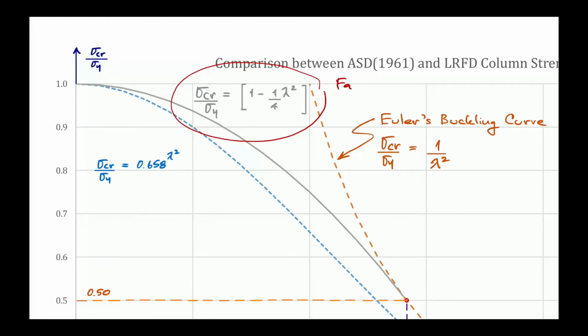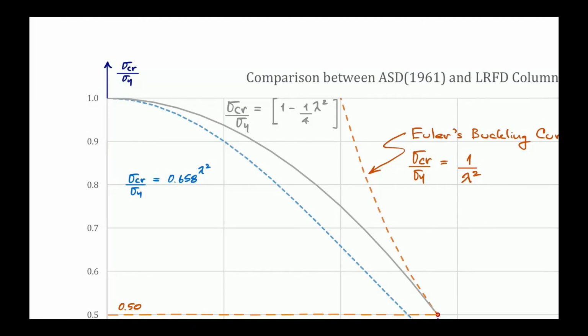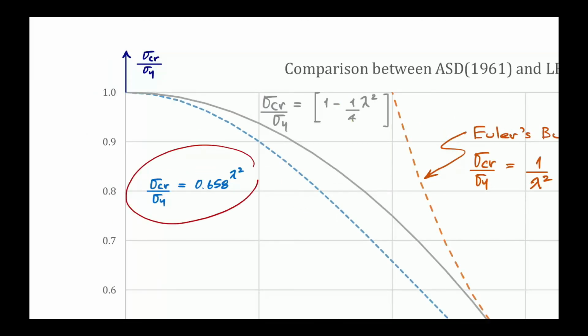FA is the inelastic buckling stress, and if we are consistent with Uras, he is talking about the AISC ASD. So for the ASD you use this ratio, the old code, but if you go for LRFD you use this ratio.